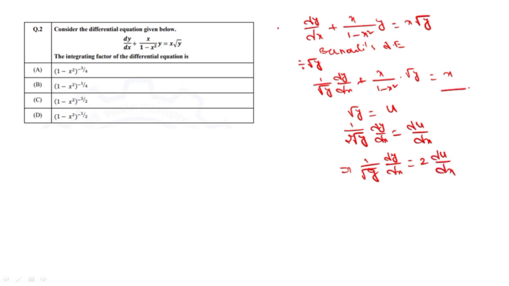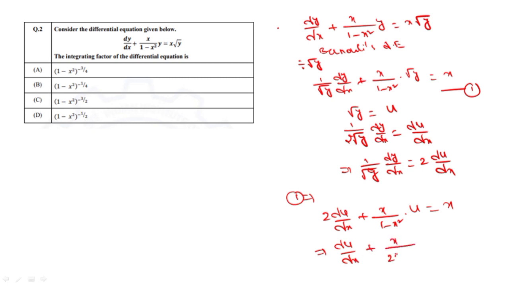Now this equation becomes 2 into du by dx plus x by 1 minus x square into u equal to x. So I again rewrite this as du by dx plus x by 2 into 1 minus x square into u equal to x by 2. Okay. So this is a linear differential equation in u.